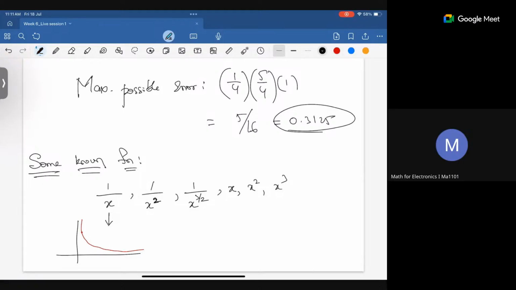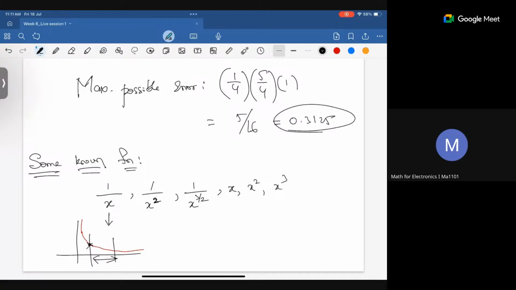If you are interested in these two intervals, in this interval I want to find the maximum value of 1 by x. You can clearly see that the leftmost point will attain the maximum value.